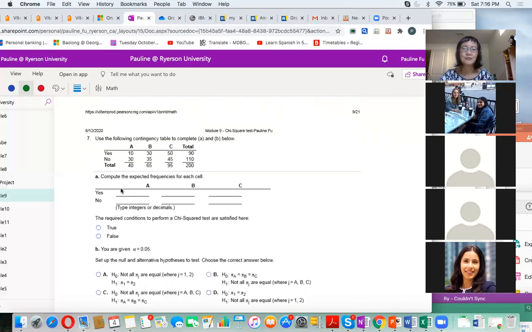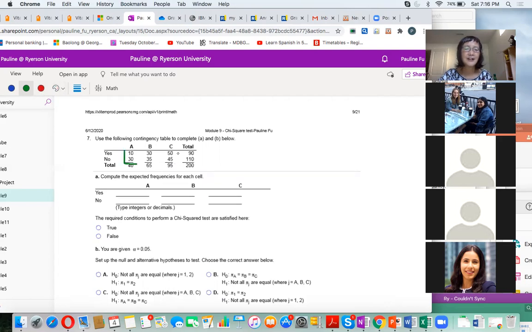Question 2, what is the p-value? Question 3, what is the critical value? Question 4, what is your conclusion? Those are very basic questions that will be asked for any hypothesis test. So let's answer those questions based on the data here.